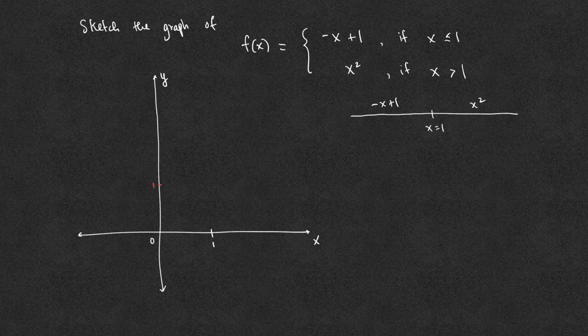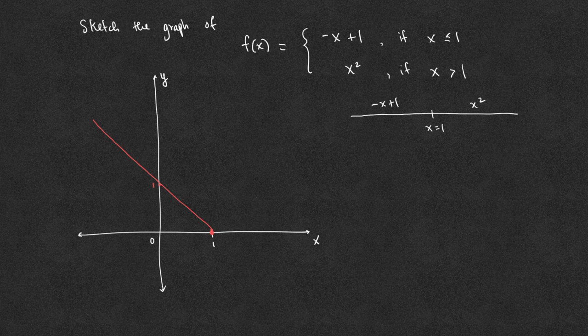And so the line that we want to draw is a straight line that goes through y equals 1, and we want to stop when the line hits x equals 1. Also, x equals 1 is included in the domain of the first piece, so we would use the closed circle.